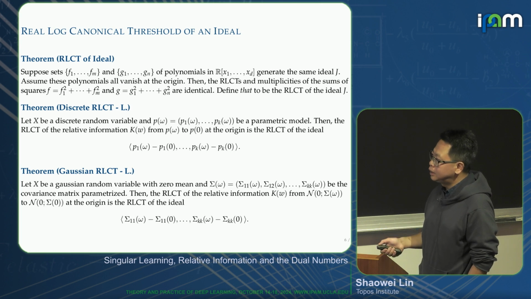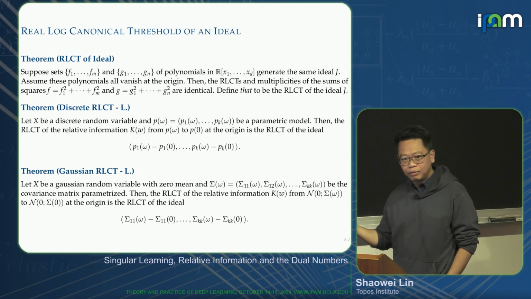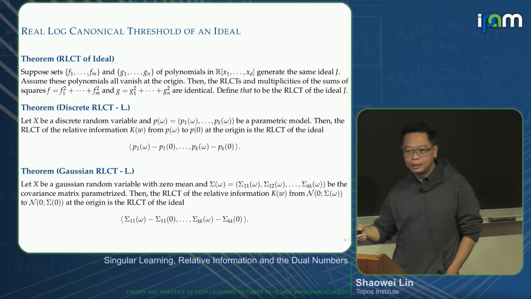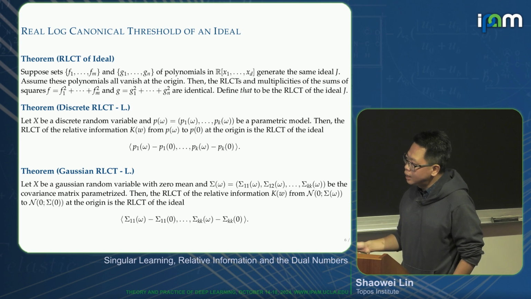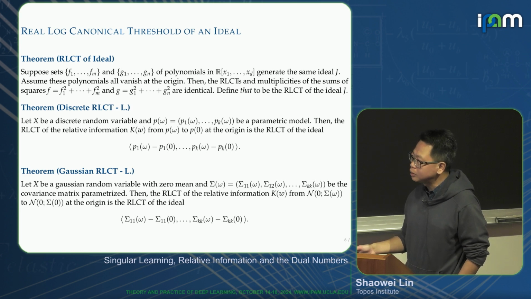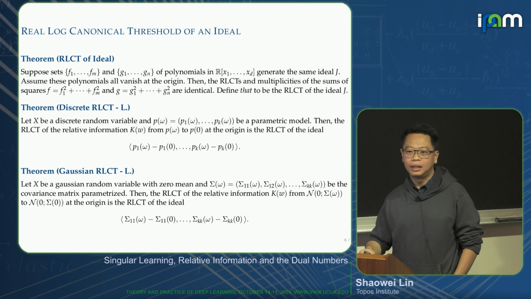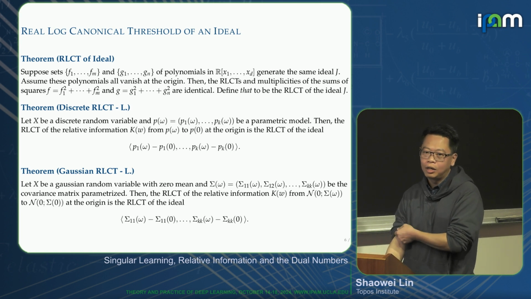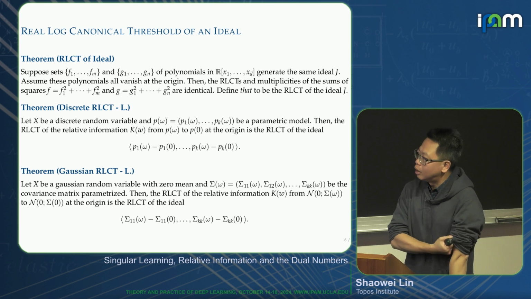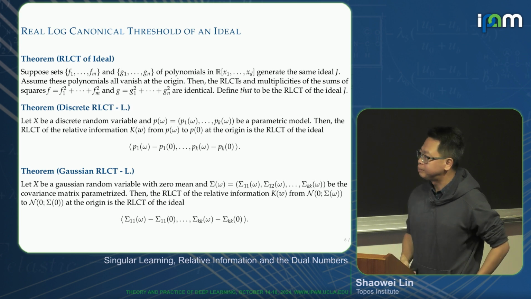Then the RLCT of the ideal, which is given by the differences between the PIs and the QIs, will give you the RLCT of your stochastic complexity. In the case where your PIs are all polynomials, this will give you a nice polynomial ideal, and so you get this very combinatorial problem of trying to compute the RLCT of a polynomial ideal.